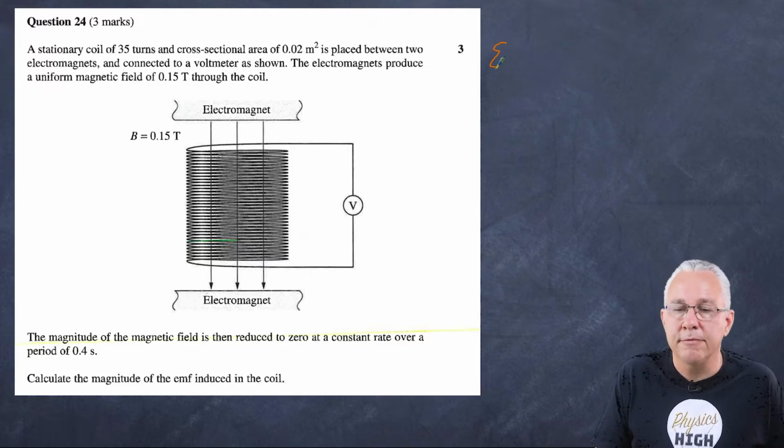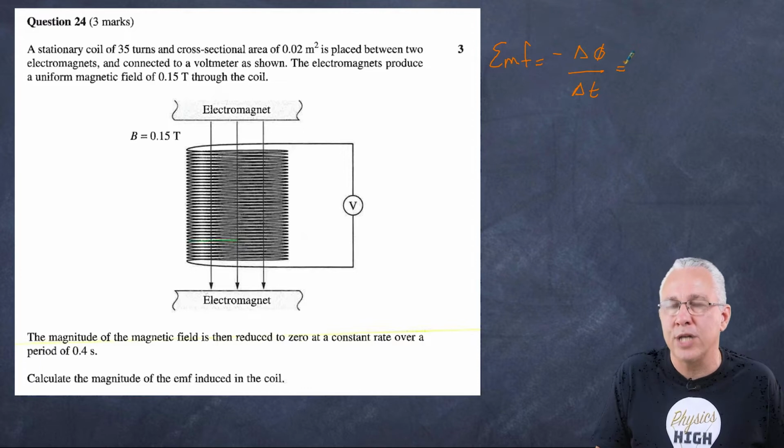So our EMF is equal to negative, because of Lenz's law, delta phi over delta t, the change of flux over the change of time. But what is the change of flux? Well, it's the change in the magnetic field, so it's delta B times A over delta t. Now, we substitute everything in. So we get negative.